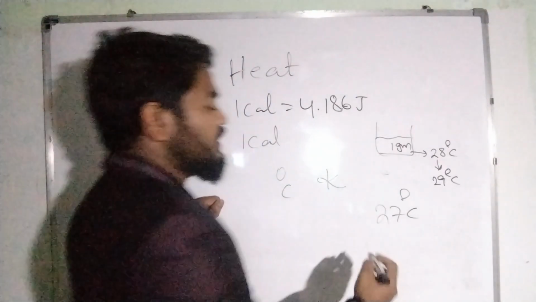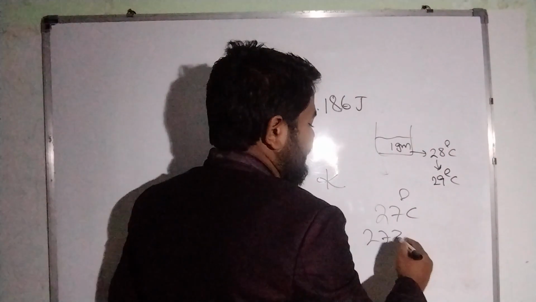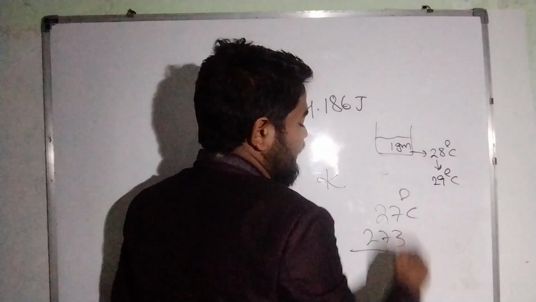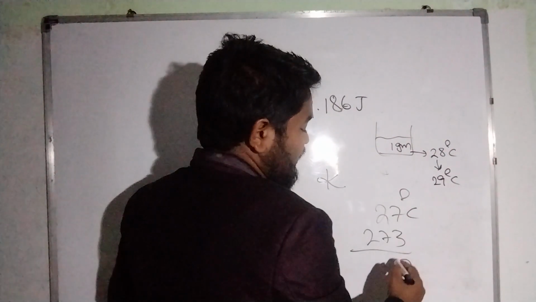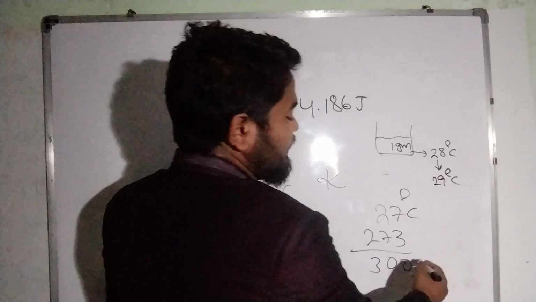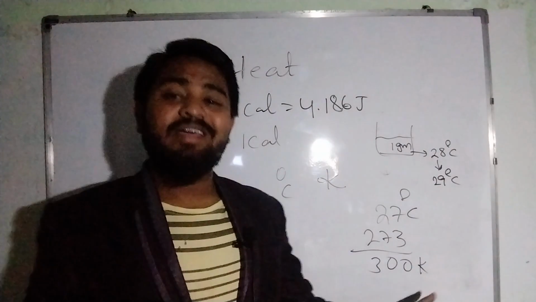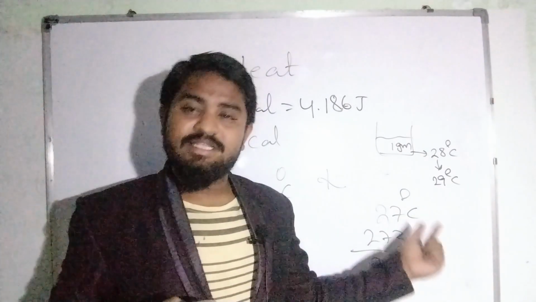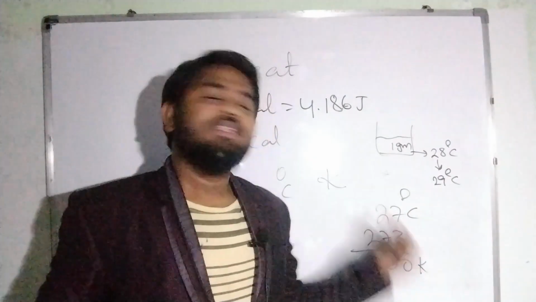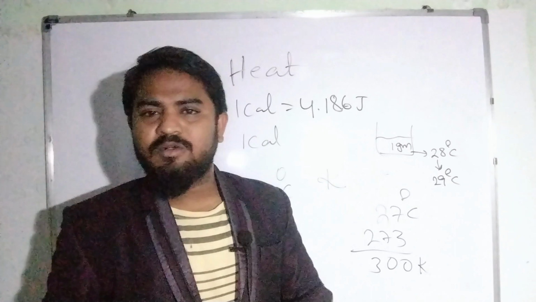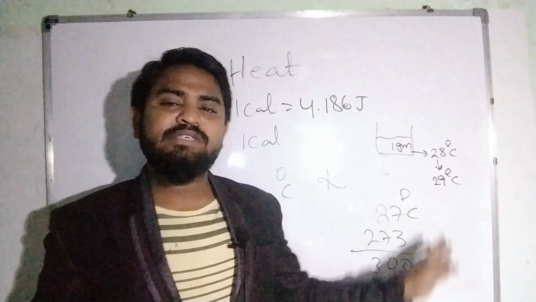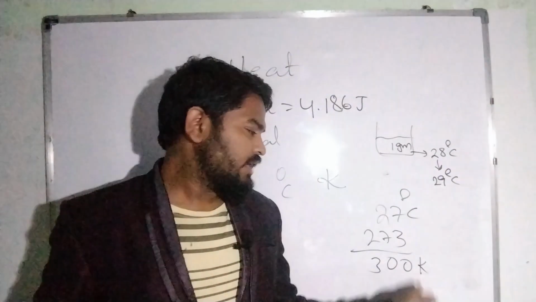We have to add 273, then you will get 300 kelvins. That means 300 kelvins is equal to 27 degrees Celsius. So when we want to convert degrees Celsius into Kelvin, we have to add 273.